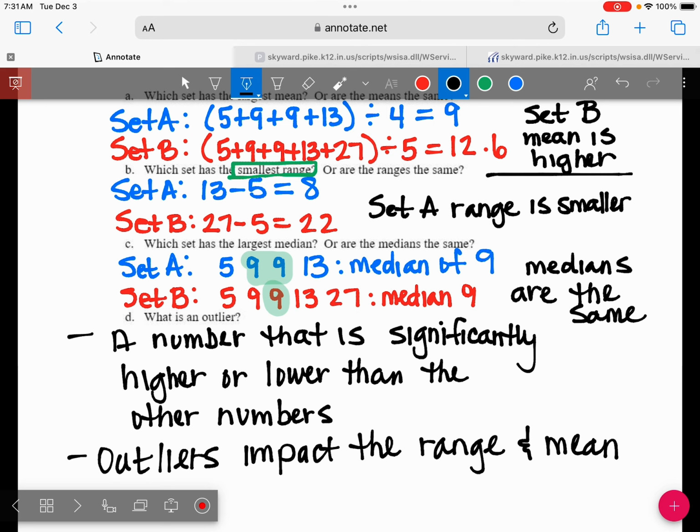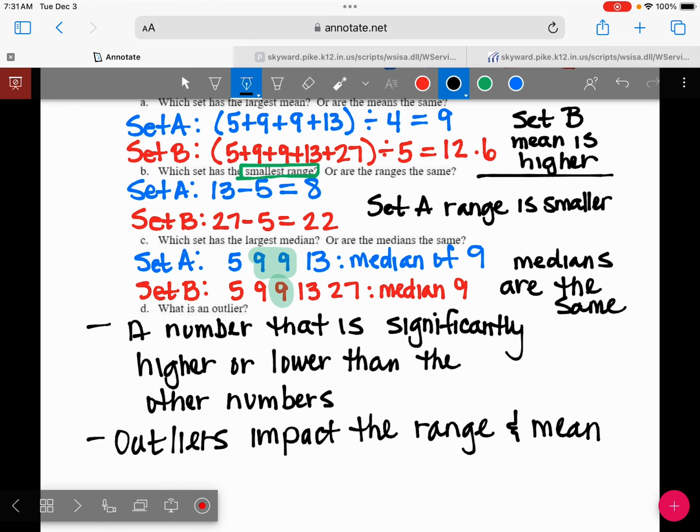Because if we look at what we did, the outlier didn't change what the median was. So having an outlier doesn't affect the median. So it has no effect on median.